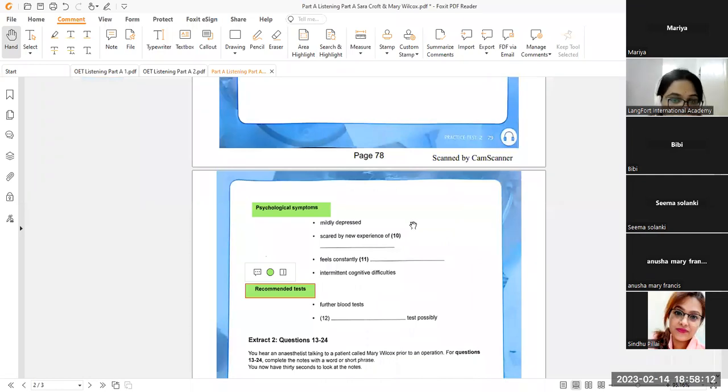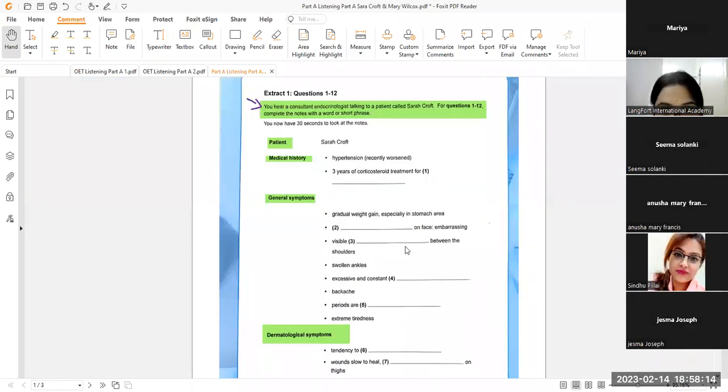Okay, all right. So once again, Seema, can you unmute yourself and read the first 2 headings for me, please? First heading is patient and medical history. So the consultation starts with the patient's name, then they move on to medical history. So, Seema, usually what are the things that get covered under the heading medical history? Usually in a consultation, what do they discuss when it comes to medical history?